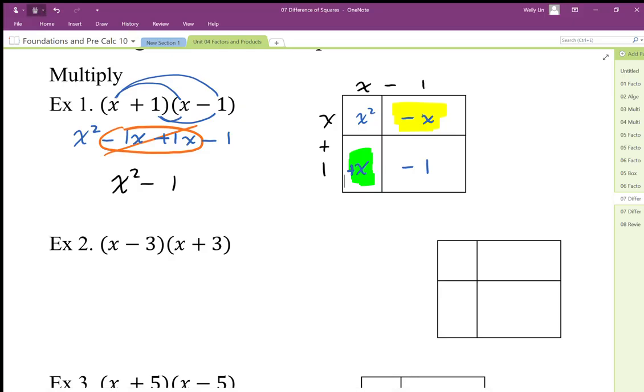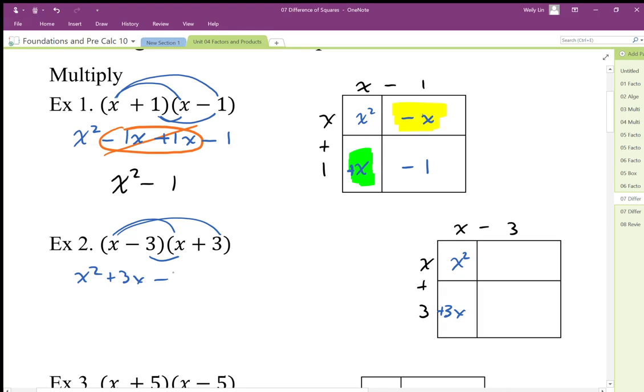So again, let's multiply this out. We're going to end up with x minus 3, x plus 3. The distribution is going to be x times x, x squared, x times 3, positive 3x, negative 3 times x, so negative 3x, and then negative 3 times positive 3, so we get our square of 9, and it's negative.